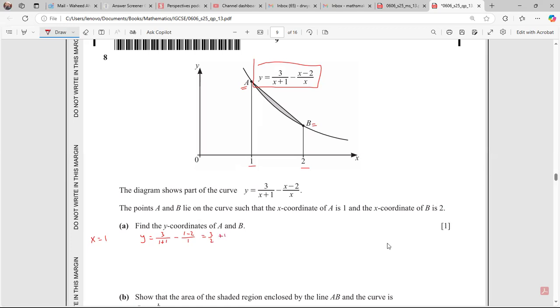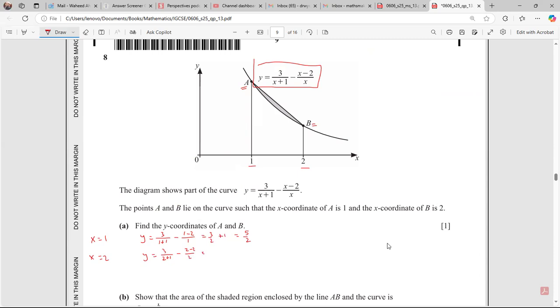So this is going to be 3 by 2 and minus minus plus 1. So this is going to be 1.5 plus 1, 2.5. Yeah, 5 by 2. And when x is equal to 2, y is equal to 3 over 2 plus 1, minus 2, minus 2 over 2.